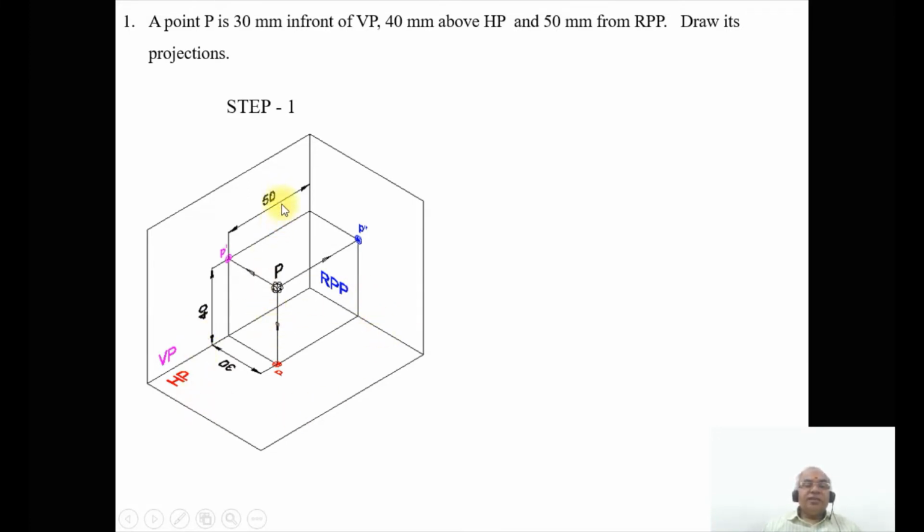So whatever you see in the horizontal plane will always be the top view.